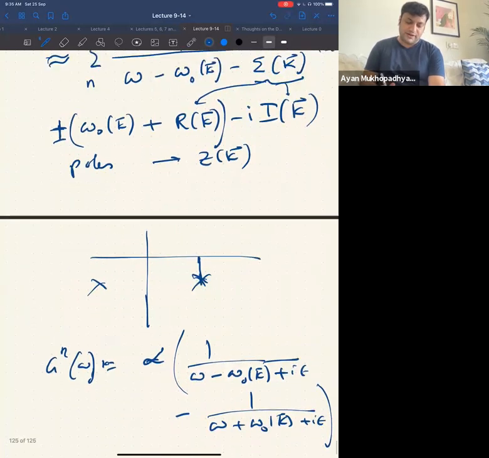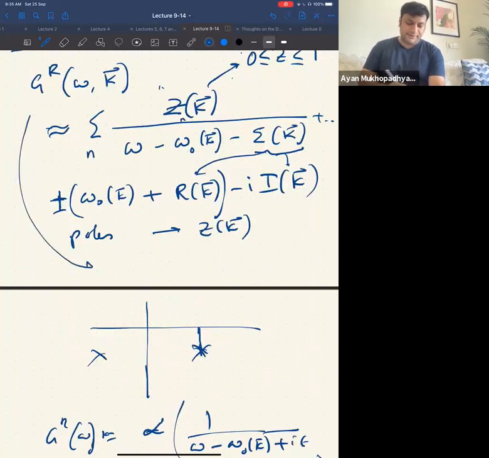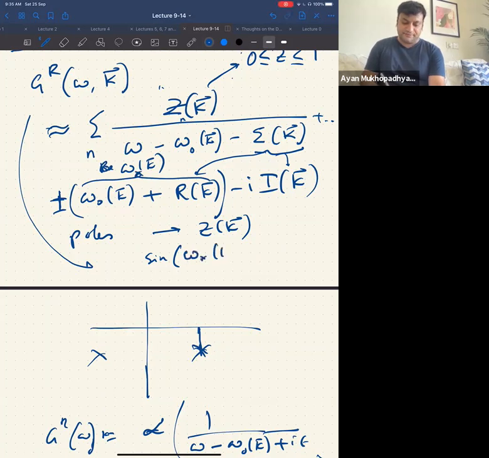And this corresponds to, when I go to real time, instead of sine omega naught T, something like sine omega star K T, where omega star K is the real modified frequency. Then this gives a damping amplitude, which is exponential in minus imaginary part times T. Because this is positive, it is going to decay in time.